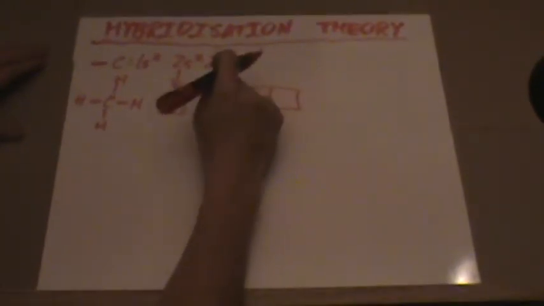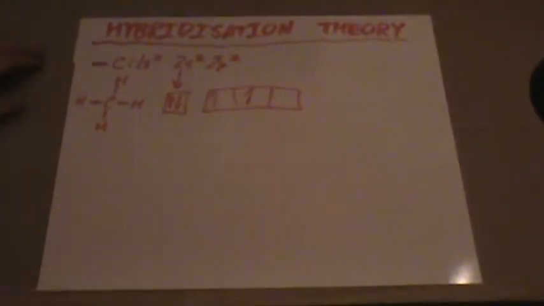But if we look at the 2s orbital, it is already completely full, whereas the 2p sublevel only has two orbitals that are half full, and then an empty orbital remaining.